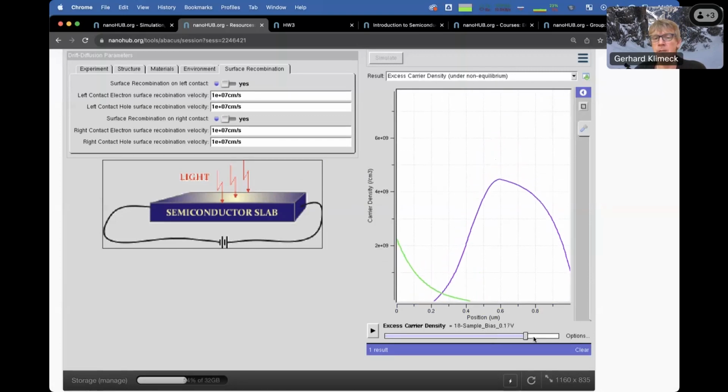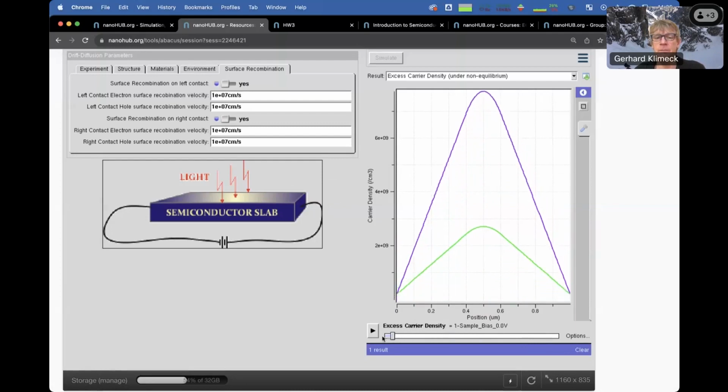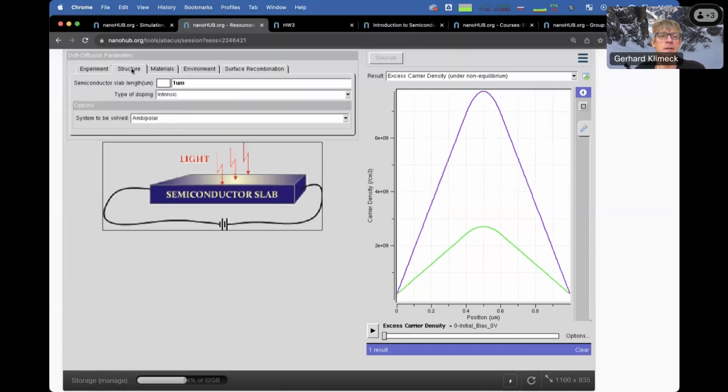And as you increase the bias, you predetermine where the carriers flow, and you look at carrier distributions like this. Now you might say, well, why are these distributions so different? We are in a structure that is intrinsic. We're looking at ambipolar, so both carriers are being considered.